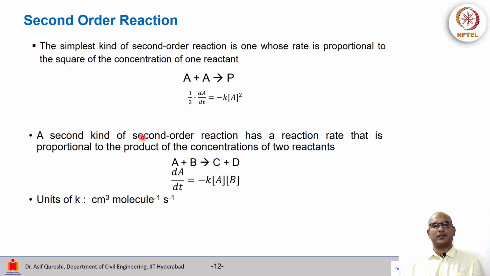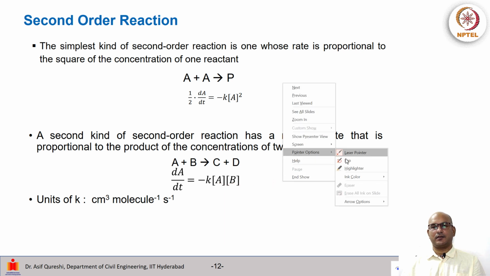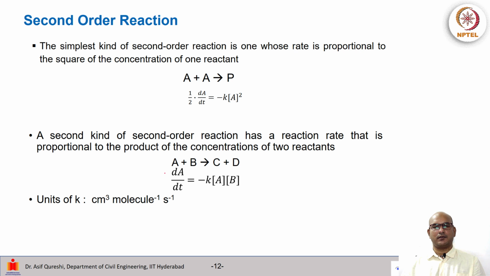In another type of second order reaction, we have A plus B gives C plus D. So, the reaction rate is proportional to concentrations of both the two reactants. So, dA by dt is proportional to concentration of A and concentration of B itself. So, we have dA by dt equal to minus K times concentration of A times concentration of B. I can even make a bracket here.